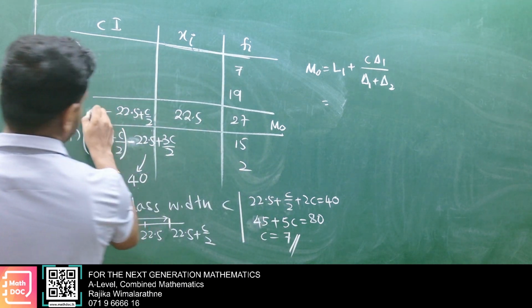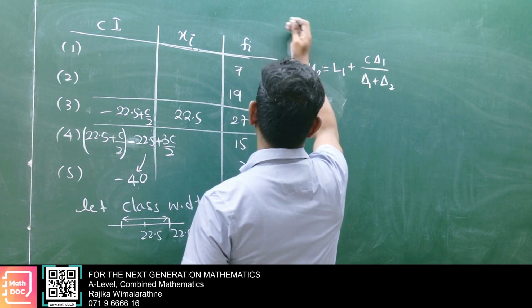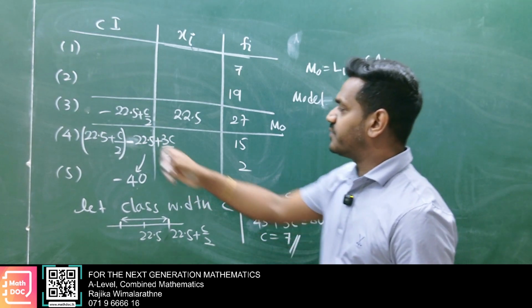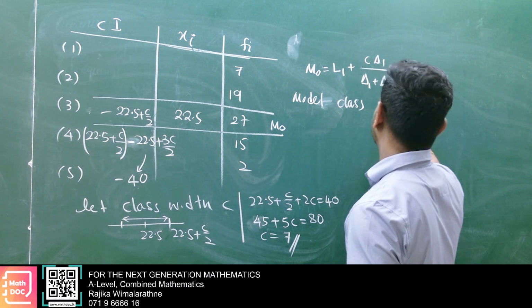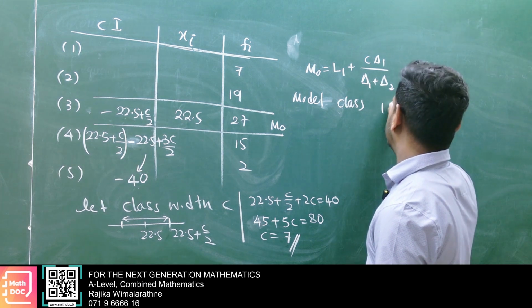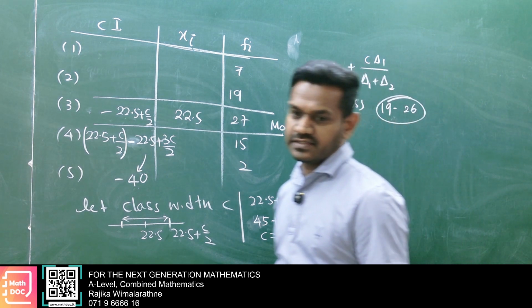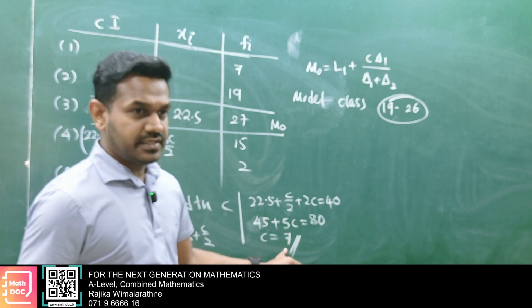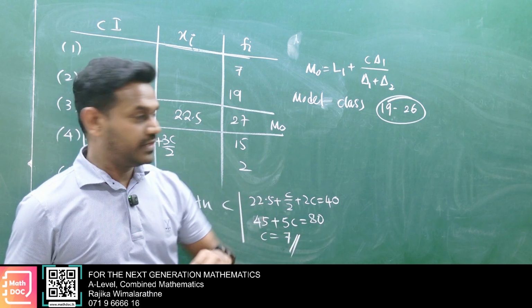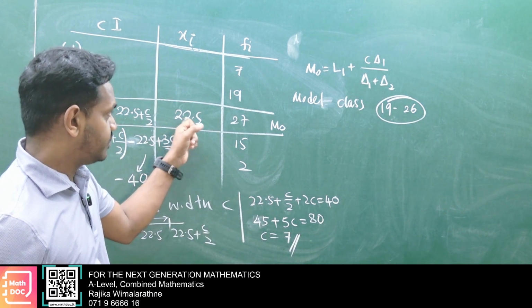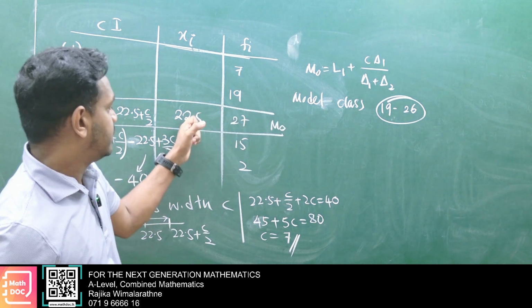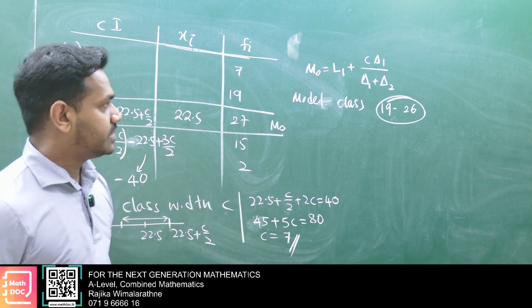Then the modal class: add 3.5 to 22.5, that is 26; subtract 3.5, that is 19.